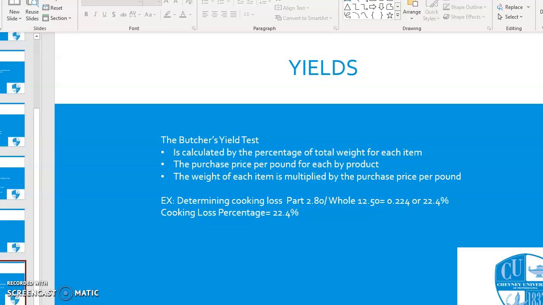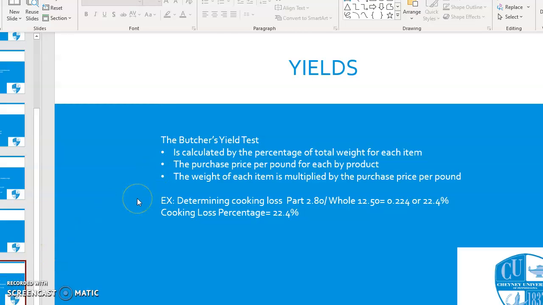And I also kind of give a formula when it comes to the butcher's yield test. So how much do we take away from that particular piece of meat that we happen to be preparing? So what's the whole part of the meat and what is the part that we're taking away, which determines our overall cooking loss percentage?